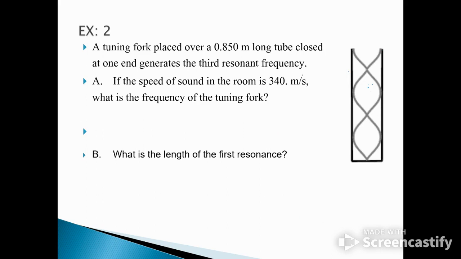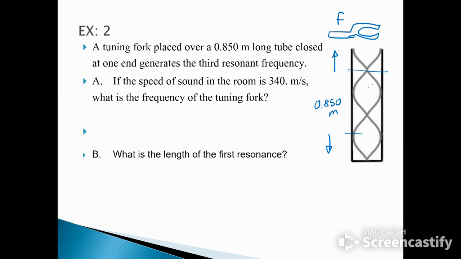A tuning fork is placed over an 85 centimeter long tube. So 0.850 meters. We've got some kind of frequency here from the tuning fork, which we do not know.